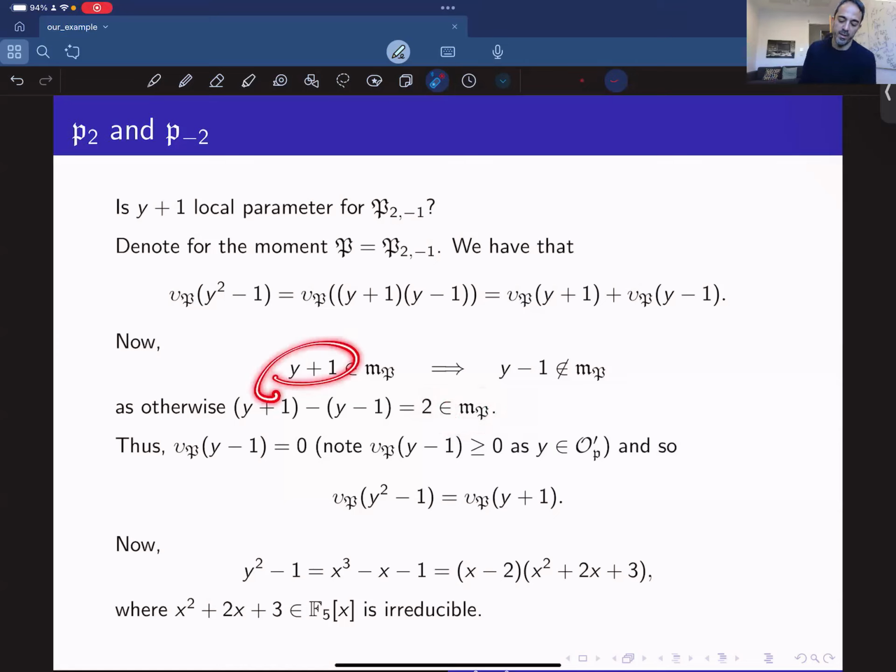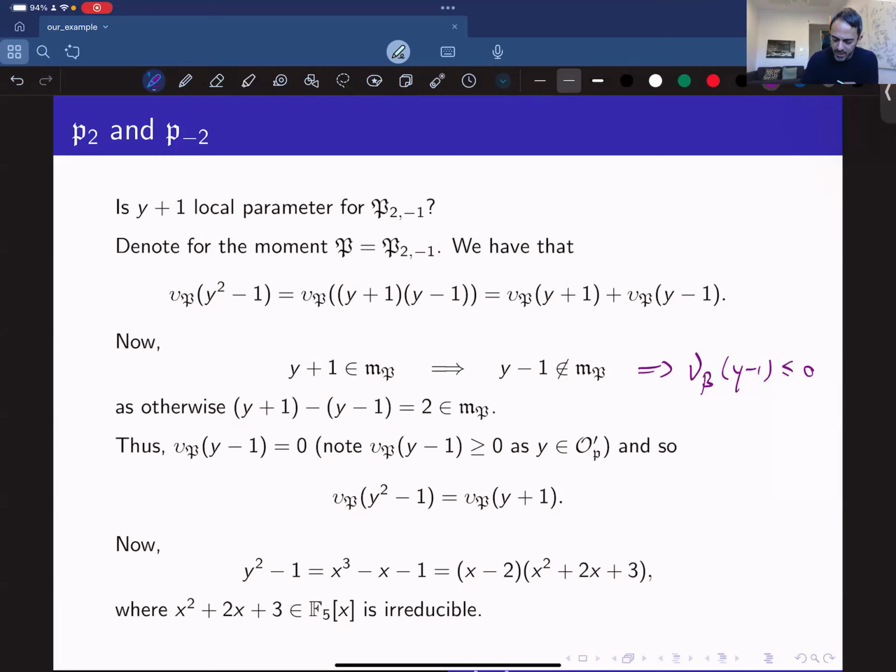So because we know y plus 1 is in the maximal ideal, y minus 1 cannot be in the maximal ideal. So this tells you that the valuation at capital P of y minus 1 is not positive, because it's not in the maximal ideal.